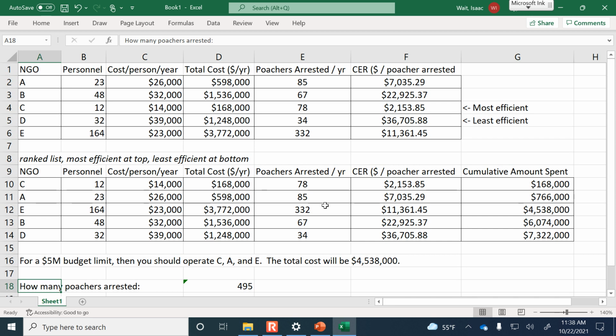So if we spend the $4.5 million, then we expect 495 poachers to be arrested in the coming year. Does anybody need to see a certain thing one more time before we move on to something else? That idea that I just showed you in this last column is important for the project.